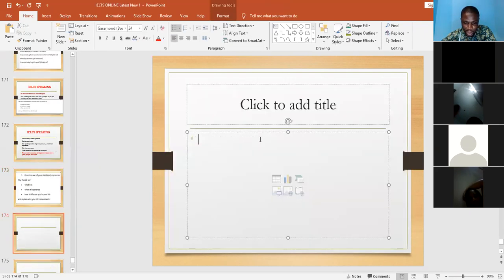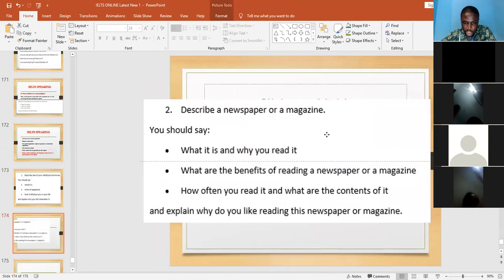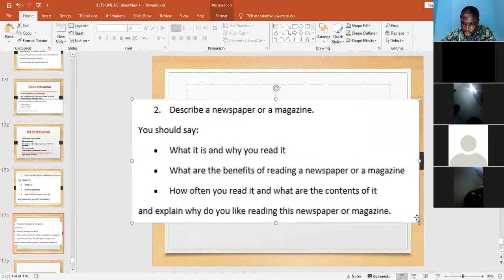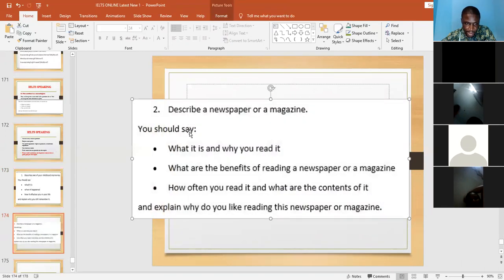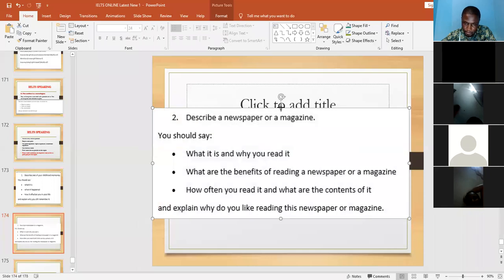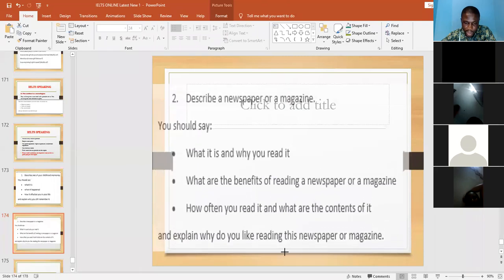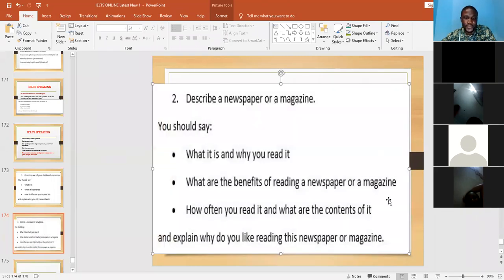Sorry, it's too wide. Can you see it? Can you please send me a little bit? I'm enlarging it. Can you see it? Yes.